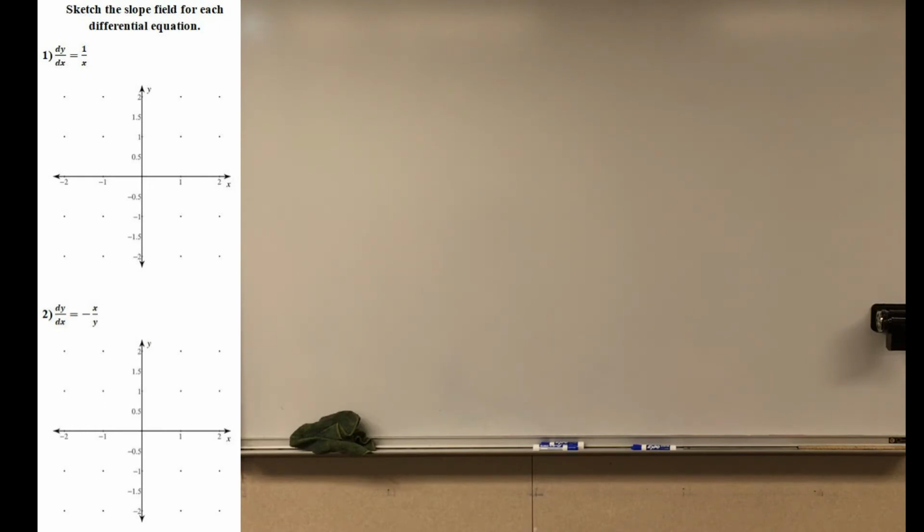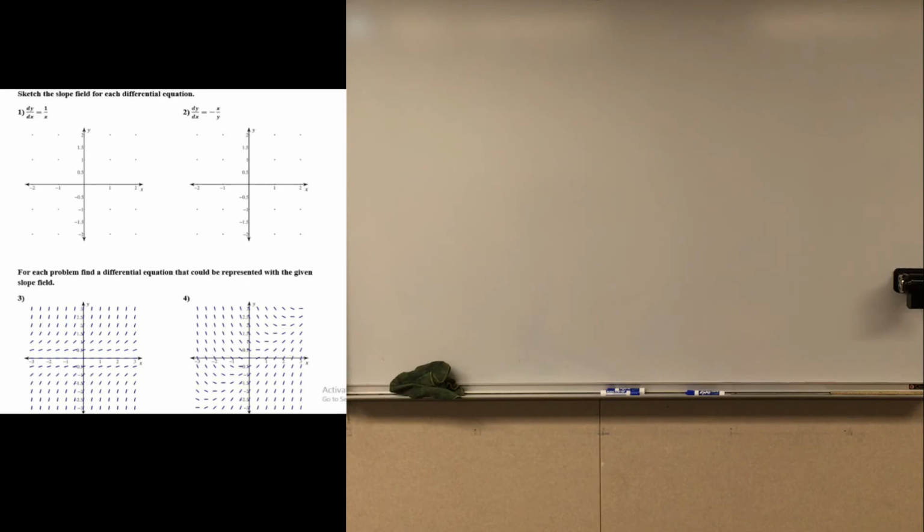Okay, so looking at the first one, they're diving down, right? So they're kind of doing this, if you're visualizing the functions. And you have maybe a vertical asymptote at x equals 0, because you can't divide by 0, right? Here, this looks kind of like a what? Looks kind of like a circle. That's interesting.